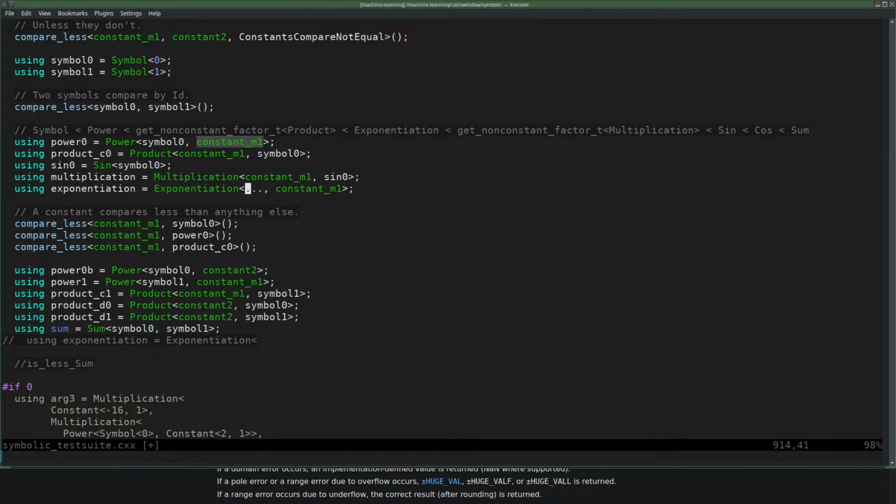And then exponentiation could use, well, actually the exponentiation is less than multiplication, so maybe I should use this one first and then use a sign here. No, that's nonsense. For the exponentiation I want to use a multiplication.